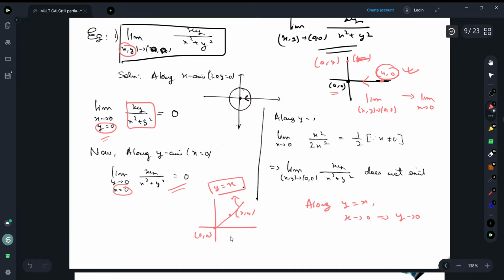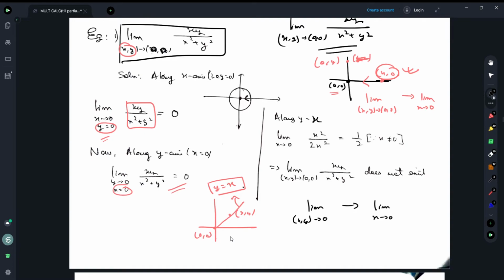Or we can do one more thing. Okay, let us check it like this. So along y equals x, as I was telling, the limit (x, y) tends to (0, 0) can be changed to limit x tends to 0.